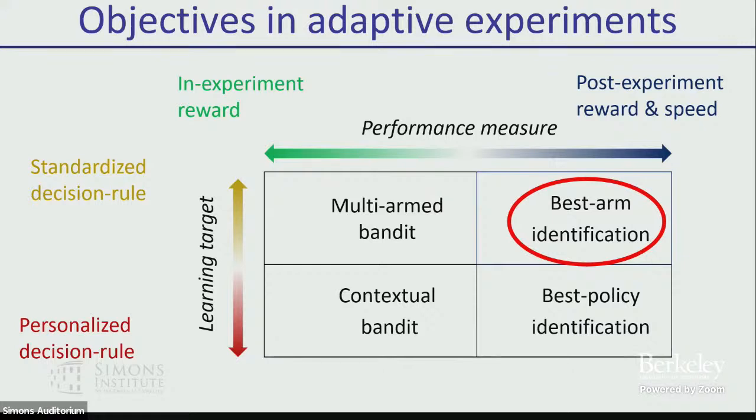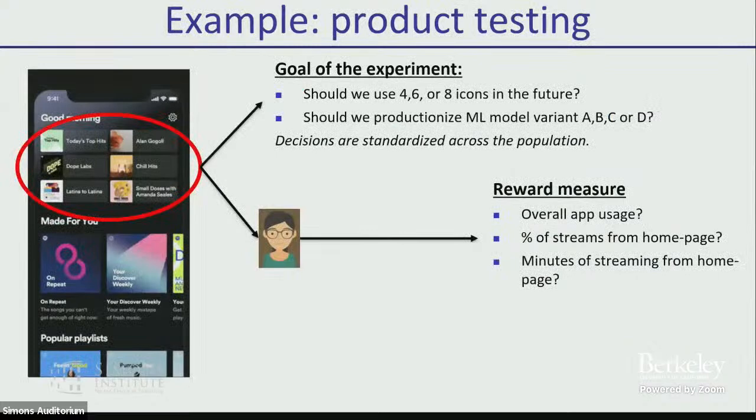So regarding the first distinction between standardized decision and personalized decision rules, couldn't the standardized decision rule be personalized? Yeah. I think what's funny here is that the shortcuts themselves are personalized, right? The algorithm that they're productionizing is a personalized algorithm.